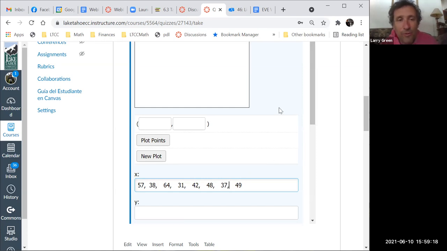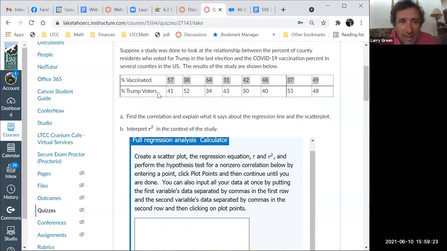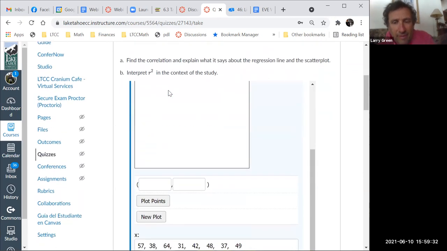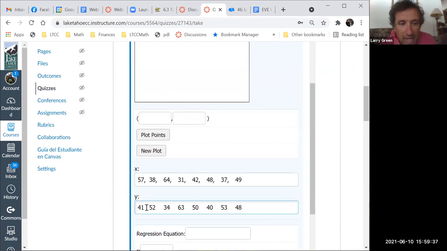And let's do the same for the other, and that is percent Trump voters. And put commas between. Any questions so far? And then I hit plot points.